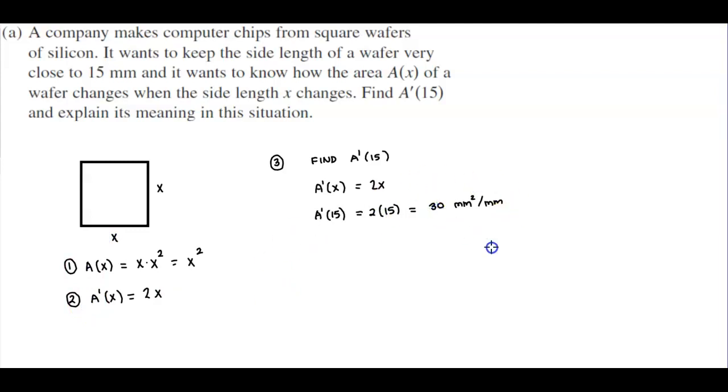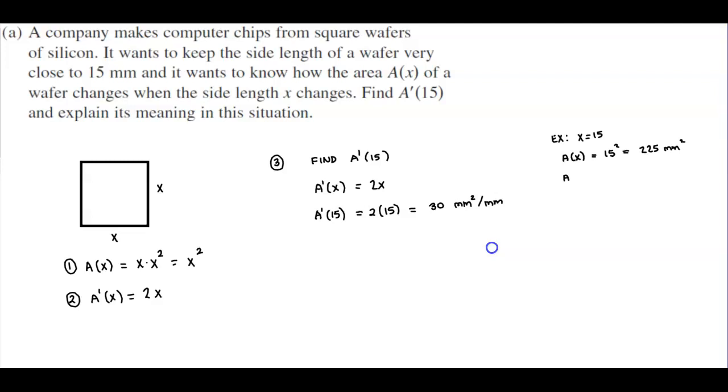Now, let's say that the side x is going to equal 15. If we plug that into our area formula, to find A of x, that would be 15 squared, which is equal to 225 millimeters squared.